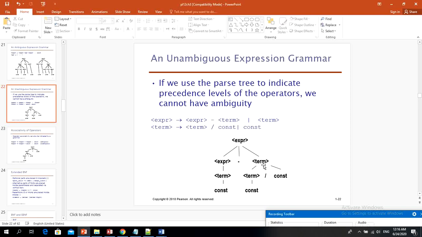And then also here, this term could be term divided by constant, like this one. Term could be term divided by constant, or a term could be just a constant here. So if the term is a constant, just draw a line here and put constant on these two. This generates a parse tree for this grammar, and it is unambiguous.